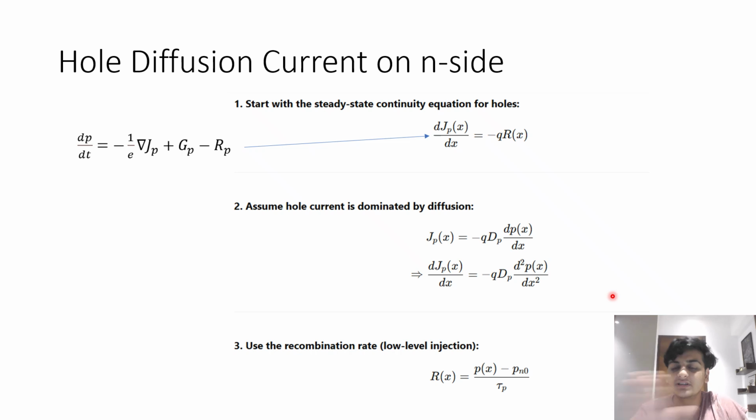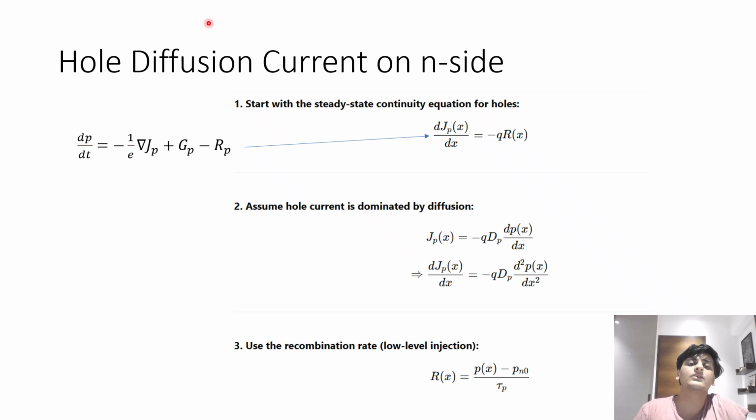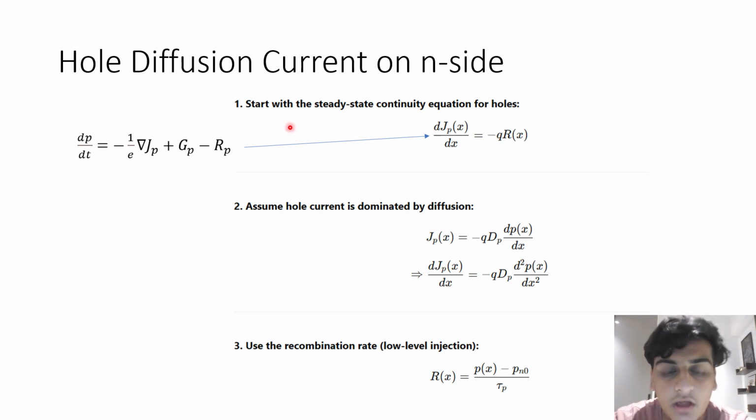Now, due to diffusion, that hole concentration is going to reduce. So once we get the hole concentration as a function of x, we can then use dp/dx to calculate this J, and we can know this hole diffusion current. So cool, this is why we come up with this second expression for dJ/dx.